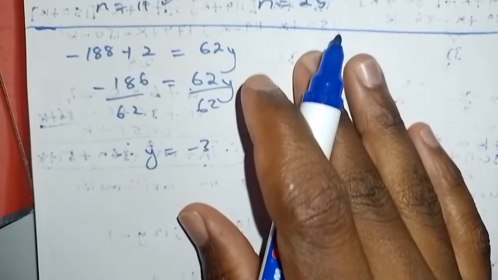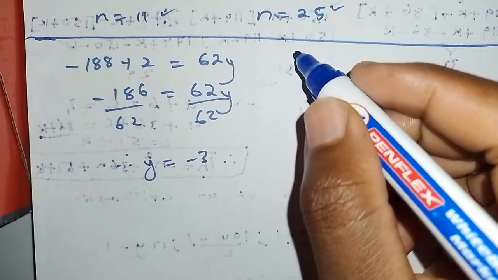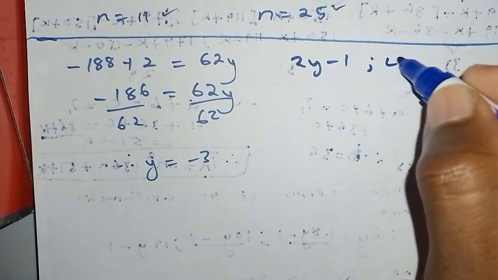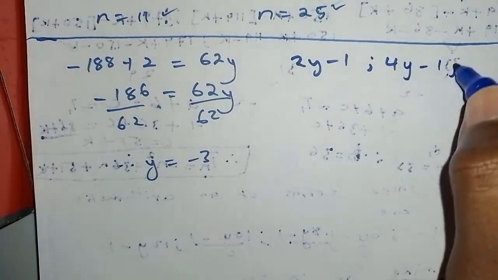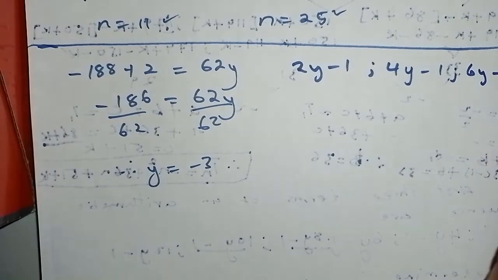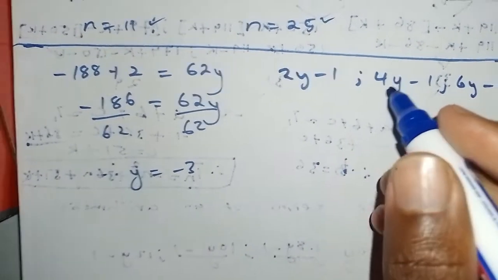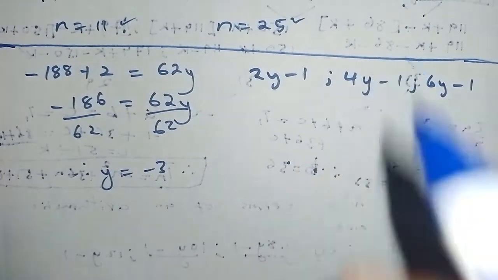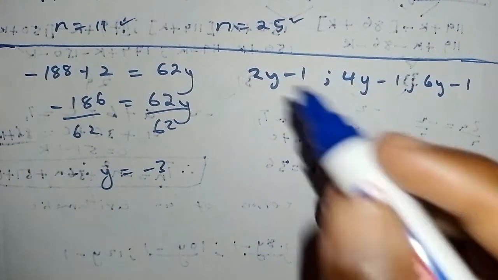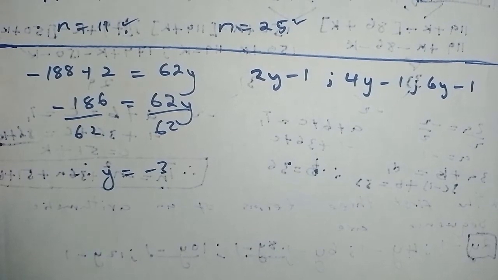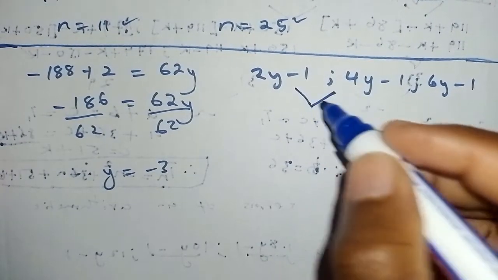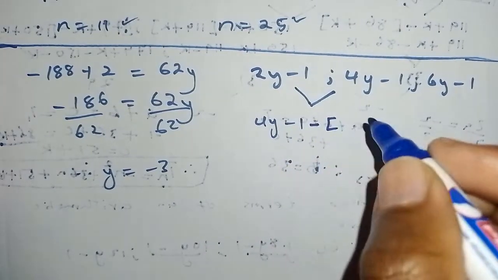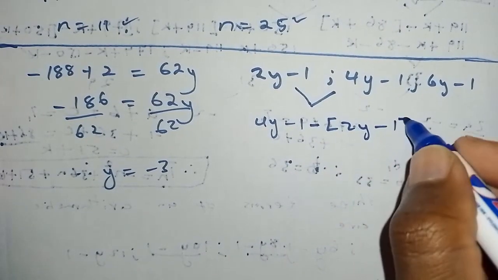For the second equation, we have 2y minus 1, 4y minus 1, 6y minus 1. Remember, they said this is an arithmetic sequence. If it's an arithmetic sequence, let's get the difference. This and this is going to be 4y minus 1 minus (2y minus 1).